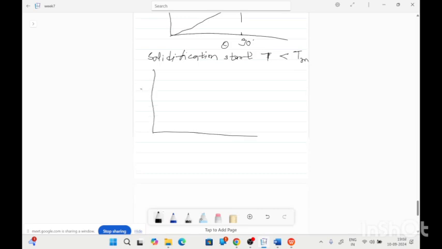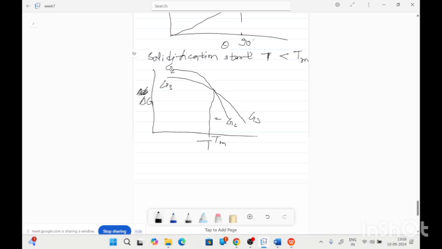If we draw a diagram between free energy and temperature, at Tm Gs equals Gl.